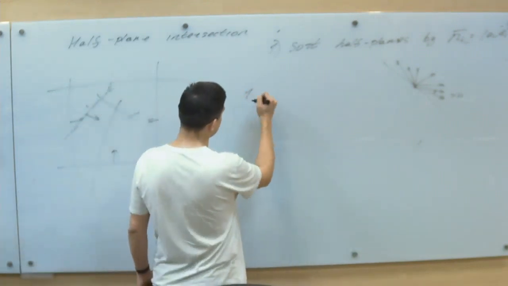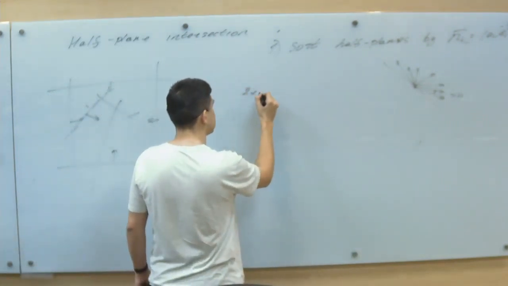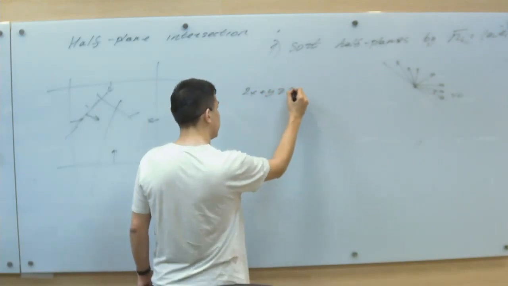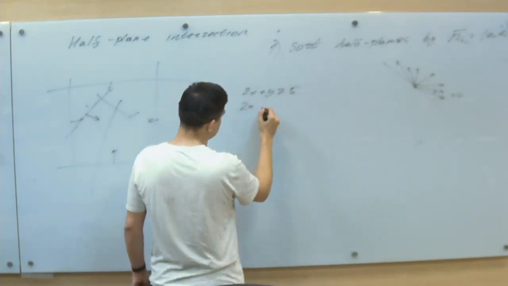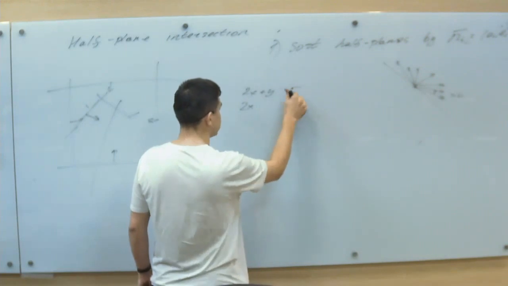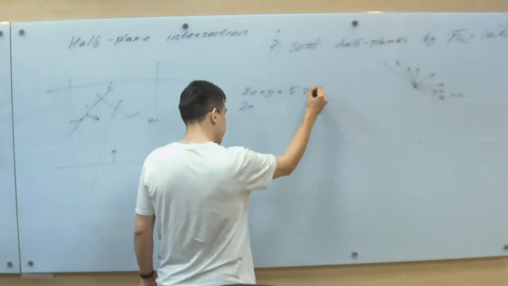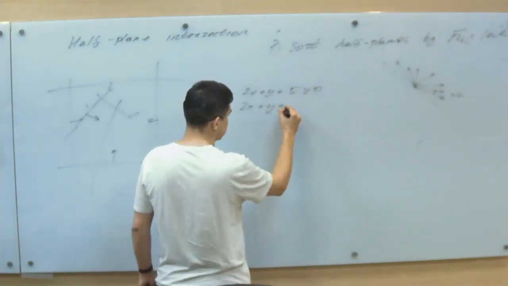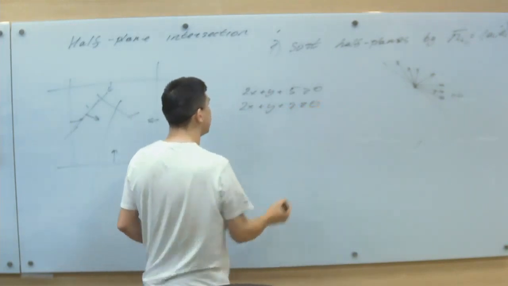So if you have 2x plus y plus 5 is at least 0, and 2x plus y plus 2 is at least 0.